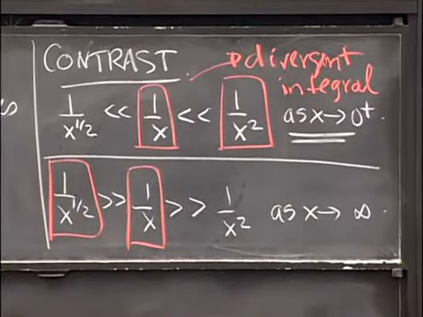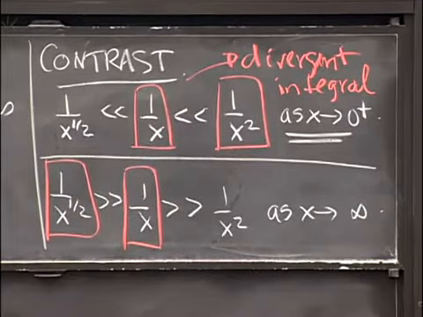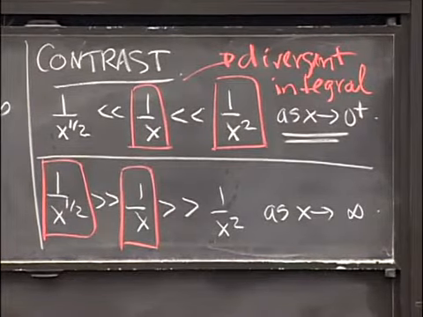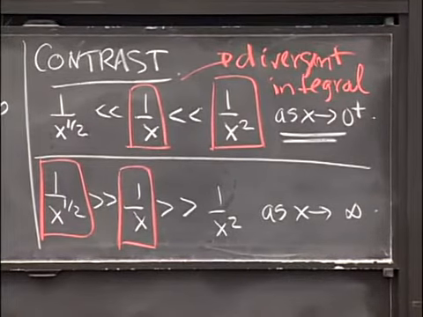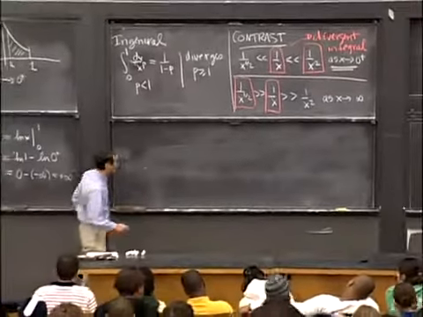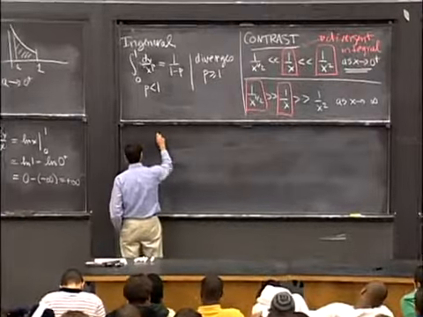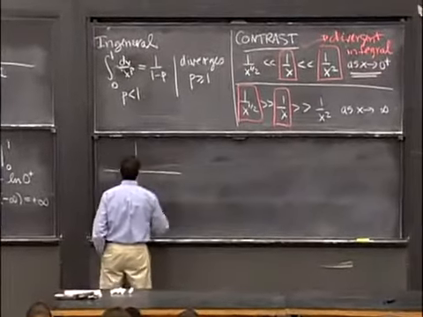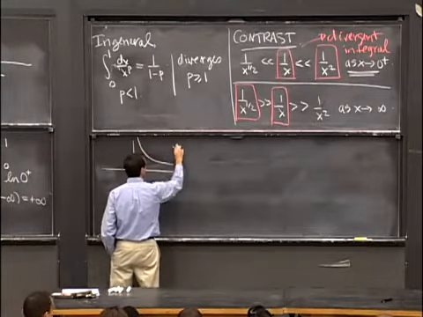Now I want to draw this again here. I'm going to draw a picture of what I have here, and I'm going to combine these two pictures. So here's the picture, for example, of y equals 1 over x.